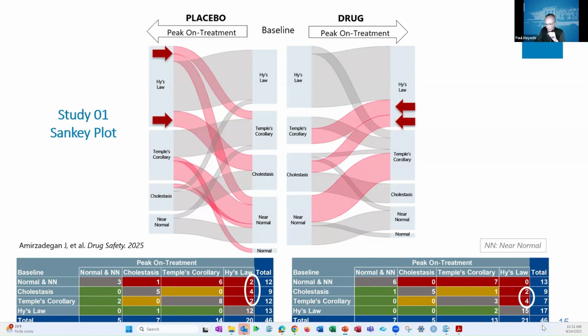So that's this band here. 15 were in Hy's law to begin with, and they stayed there. So that's this band right here. But there were 2 and 4, or 6, that were new arrivals, and these are in this category. And you can compare them side by side to the same categories of new arrivals on the placebo side. So you get somewhat numeric and also a visualization of shift.